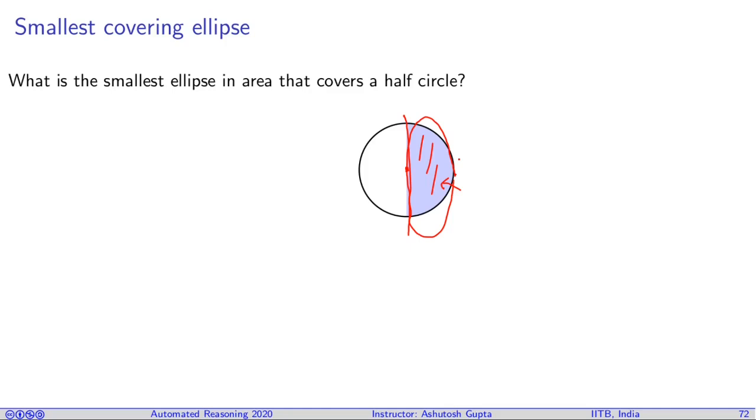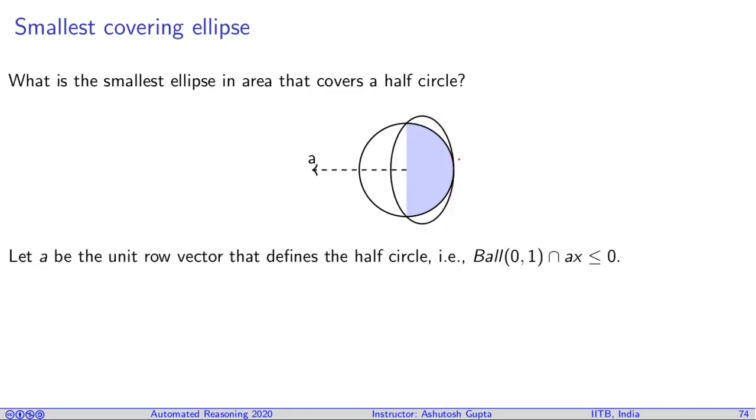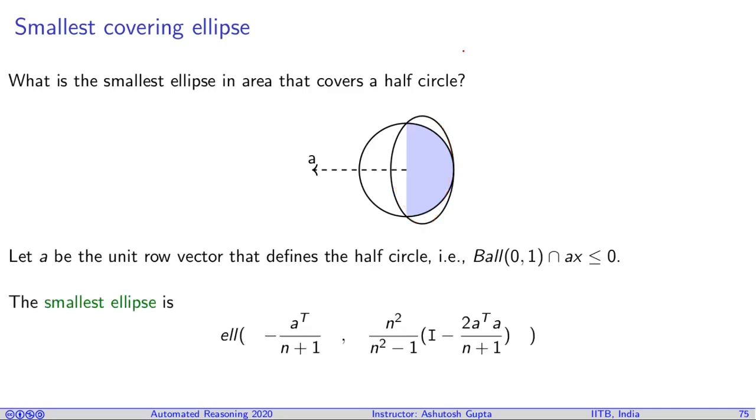So let's see how we can make sense out of it. Let's suppose A is a direction from the origin, and in this direction you have a plane, and you want to cut this ellipse circle into half, and you have to find the smallest ellipse that contains this space. If you do some mathematics, what you need to do is basically find a center point, let's call this D. The smaller length is 1 minus D, and this point should intersect with position 0 comma 1.